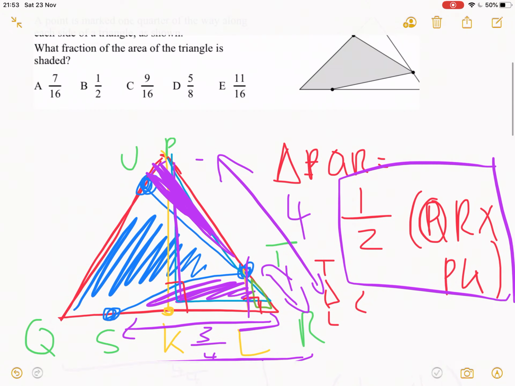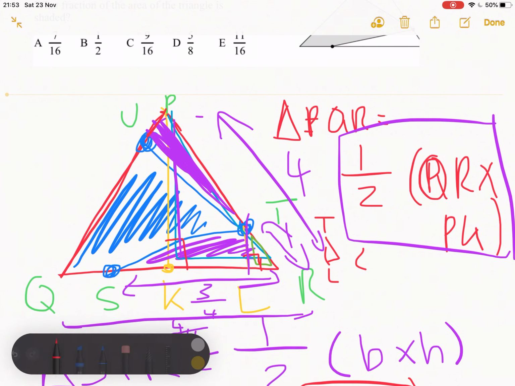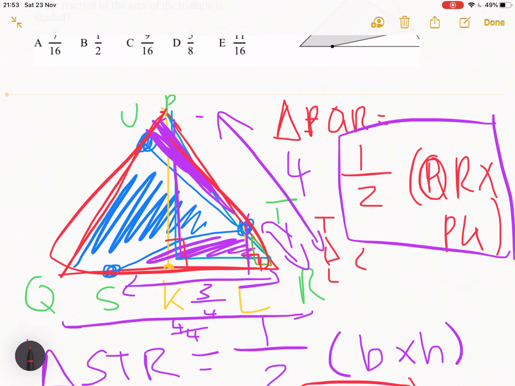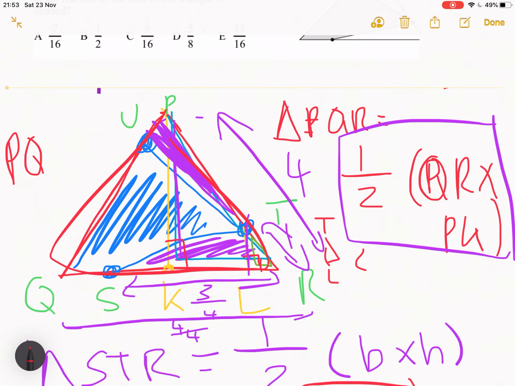Therefore, the area of this blue triangle is basically PQR minus these two white triangles.